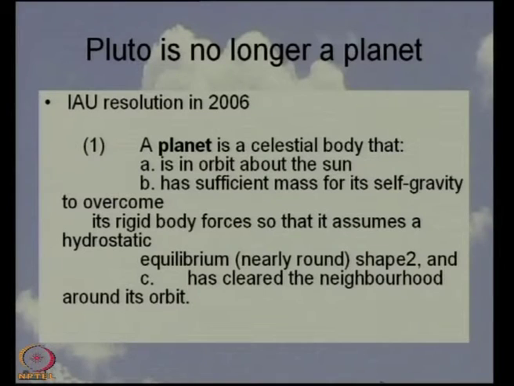Now, let us address a related question: what happened to Pluto? Why is Pluto no longer a planet? The reason is that there was an IAU resolution, International Astronomical Union, in 2006. Let me summarize the resolutions.